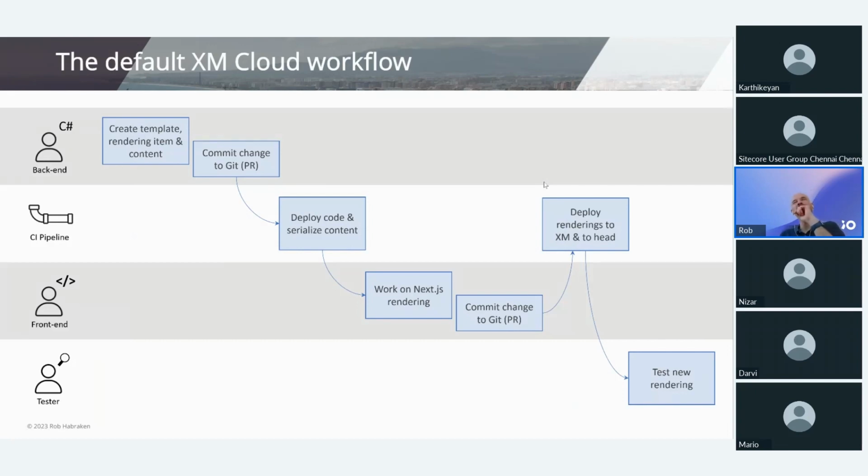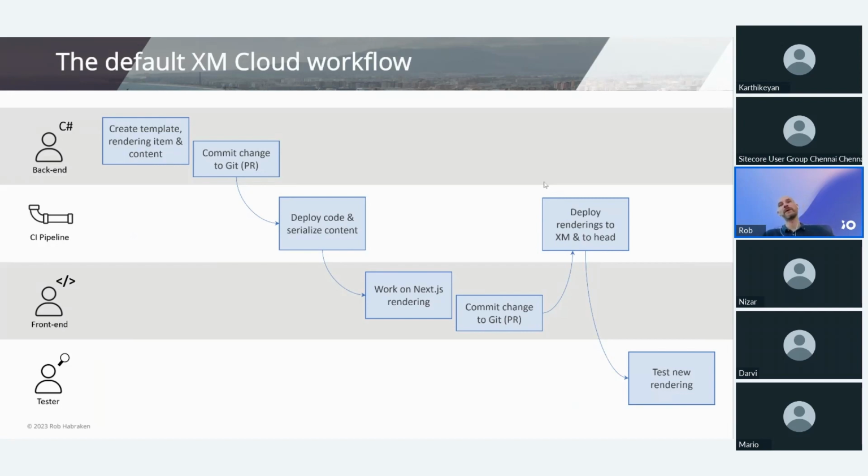If you don't use the development environment on XM Cloud, you would probably have a backend or Sitecore developer creating templates and renderings items, committing that separate from the front end, deploying it to make sure it lands on XM Cloud. And you can use the CLI on your local development machine, but I would prefer a CI pipeline for that.